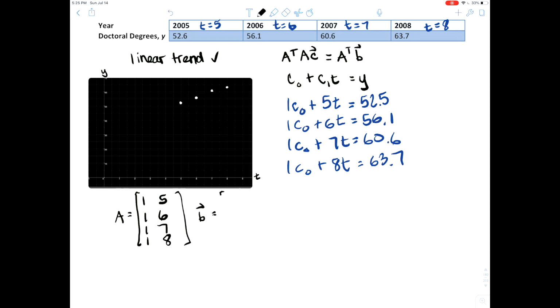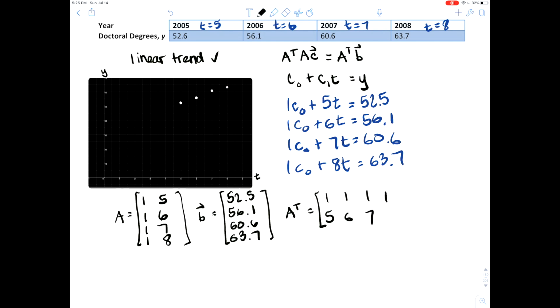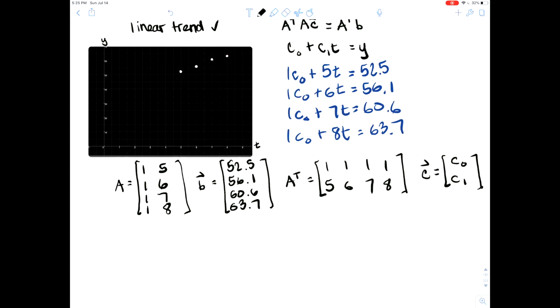B equals 52.6, 56.1, 60.6, and then 63.7. All right? And then A transpose will be 1, 5, going down, 1, 6, 1, 7, and 1, 8. And C is equal to C0 and C1. Groovy? Okay, so let's do it.